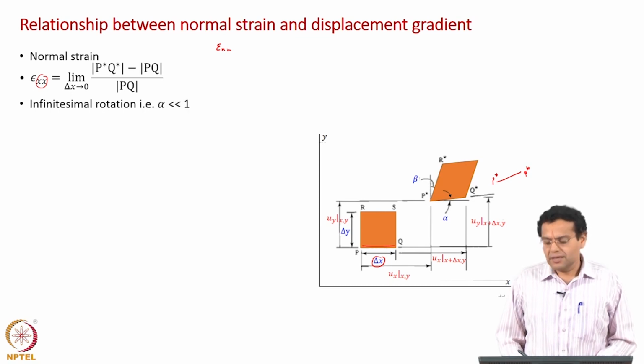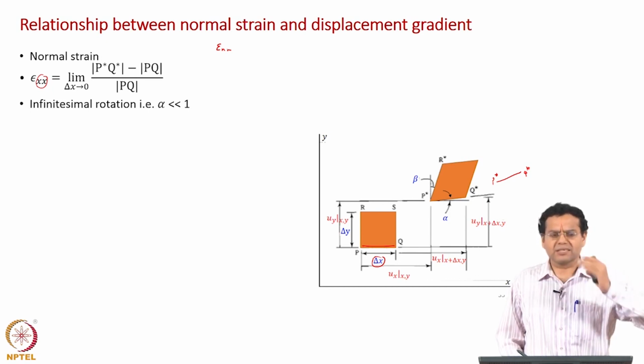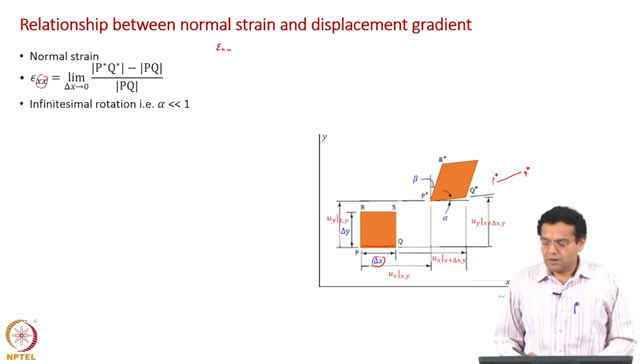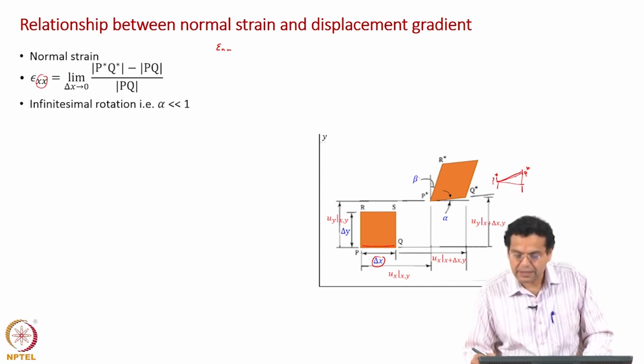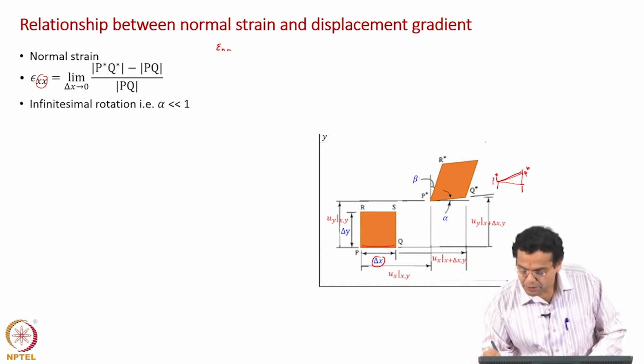Now, I will make an assumption: infinitesimal rotation. What do I say? PQ slightly rotates, very small, extremely small, to P*Q*. What happens in that case? Instead of taking the actual length of P*Q*, I will take the projected length of P*Q*.